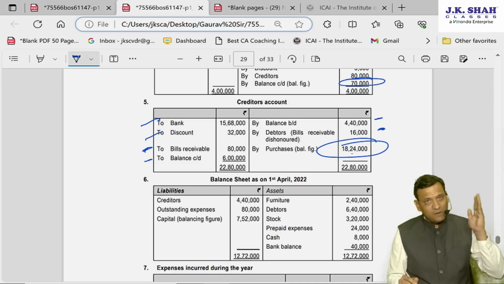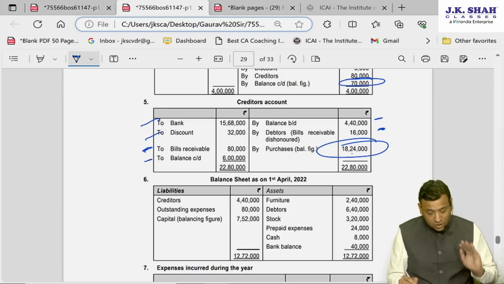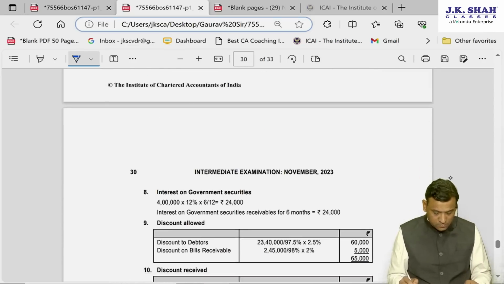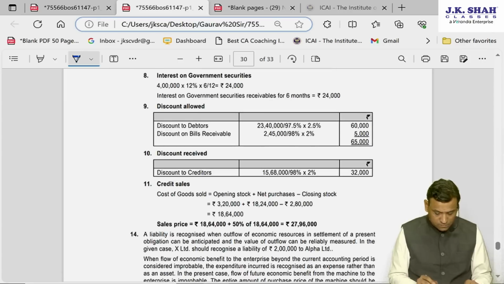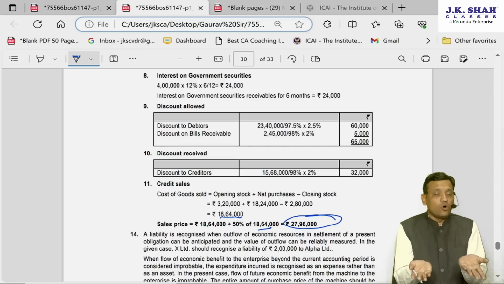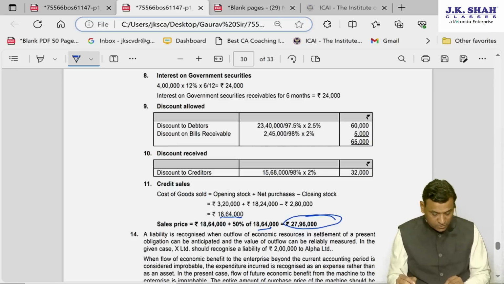So opening stock plus purchases minus closing, that gives me COGS. And on that COGS, there is 1/2 profit on cost. 1864, 1/2. This gives me sales of 2796. Now this sales is totally credit sales, and that will be going in my debtors account.